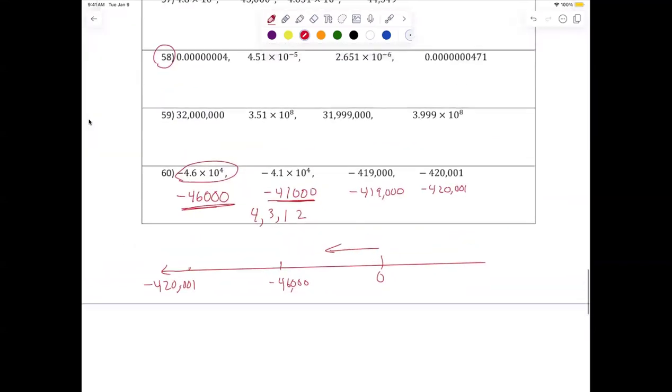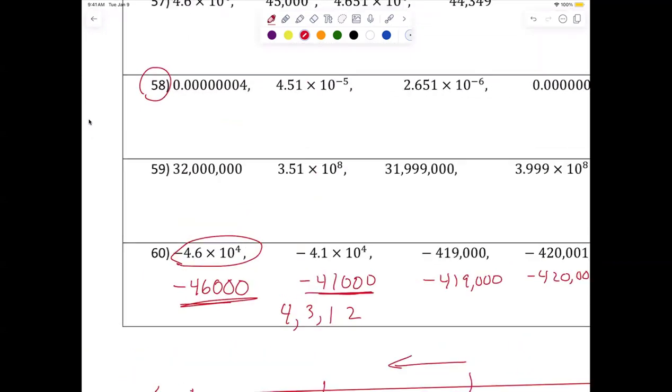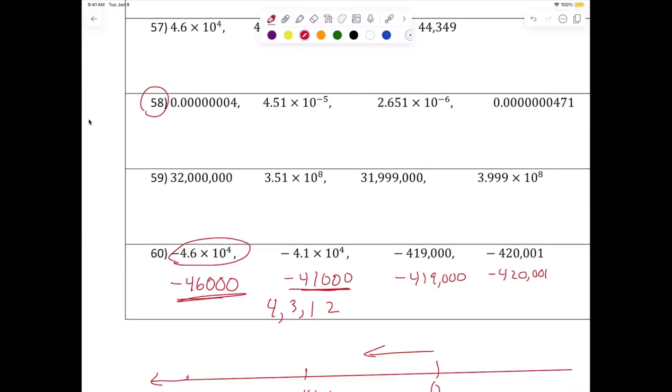Let's talk about 58 now. I got some decimals here, which is somewhat annoying. Now you have to decide, would you rather write them in standard form or decimal form or in scientific notation? Doesn't matter to me. I like standard form personally. So I have to move this decimal how many places for the second one? 5.